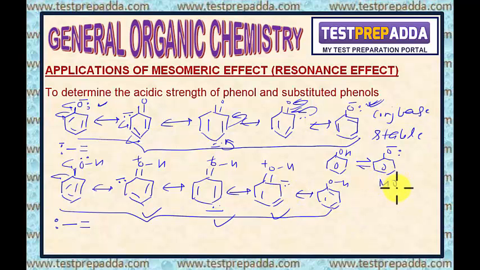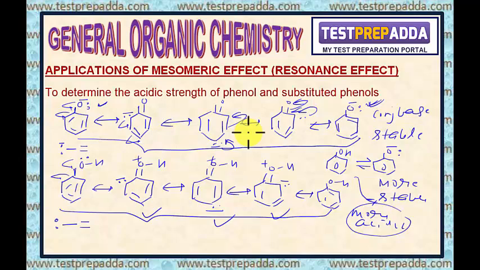This is more stable. That is why its parent, that is phenol, will be more acidic. So the acidic property of phenol is explained on the basis of resonance stabilization of phenoxide ion. Now my point is clear.